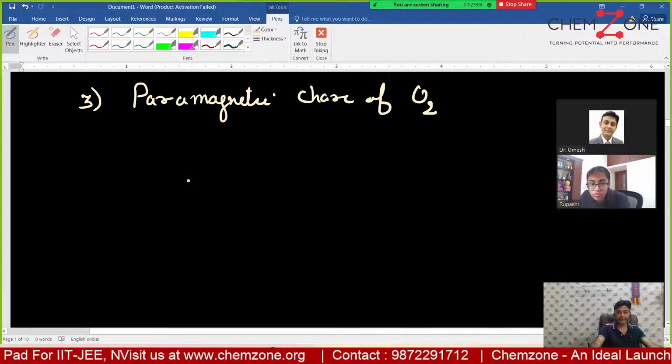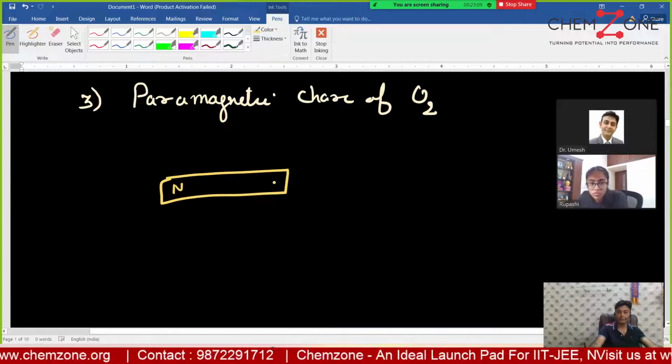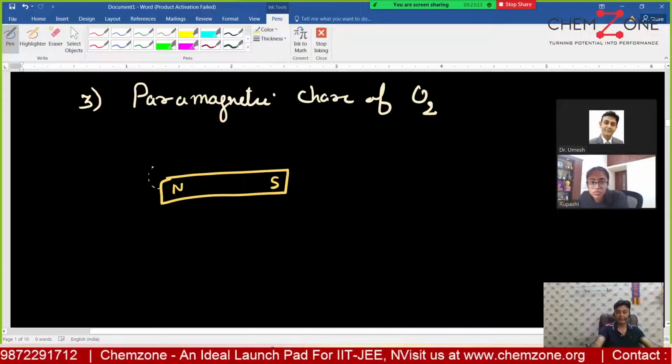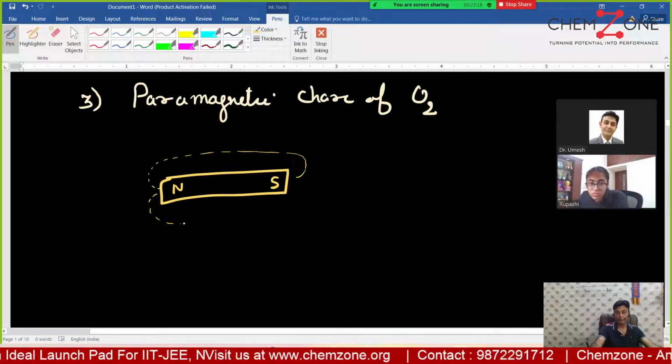Paramagnetic means here I have a magnet, and around this magnet there is a magnetic field.